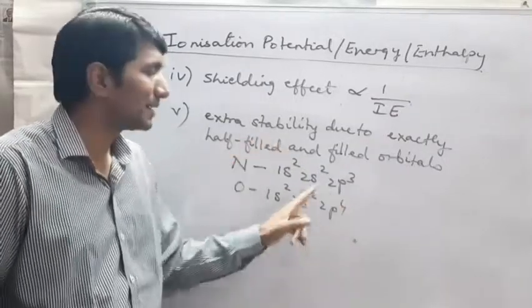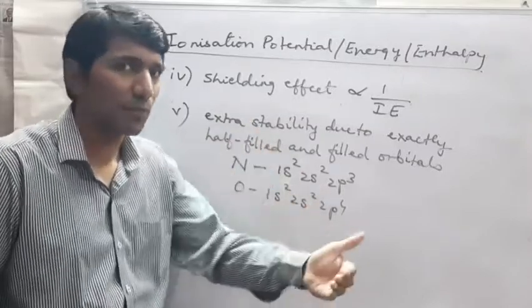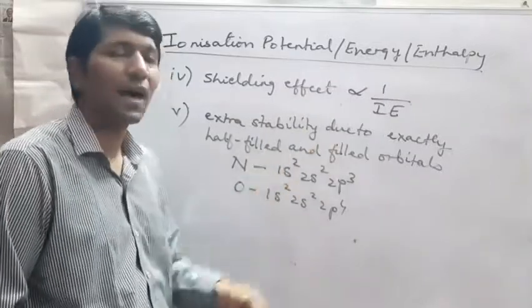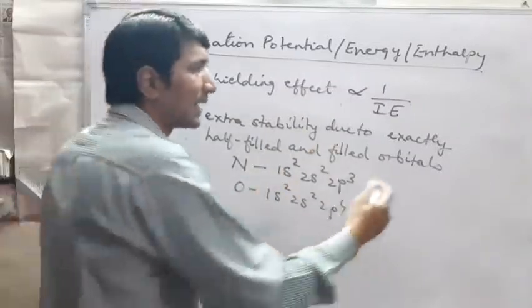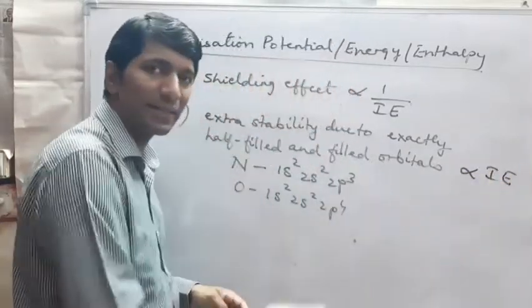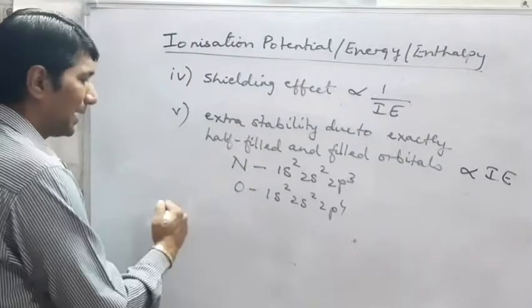And that is the reason the IE, that is the ionization energy, is much more. So if there is extra stability due to exactly half-filled or full-filled orbitals, that is directly proportional to ionization energy. Greater the stability, greater is the energy required for pulling out that electron.